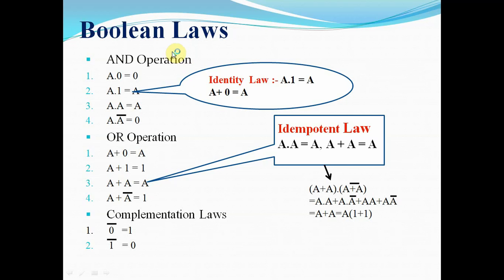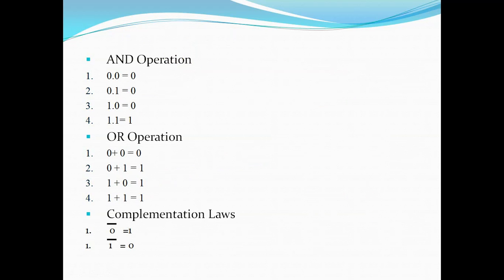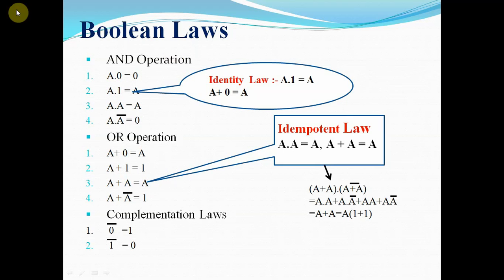Then these are the laws. First, the Boolean laws. The first is the AND operation, or you can say AND law. First, let's see, a into 0 becomes 0. We know that we can multiply any value by 0, then it will be 0. Next, a into 1 will be a.